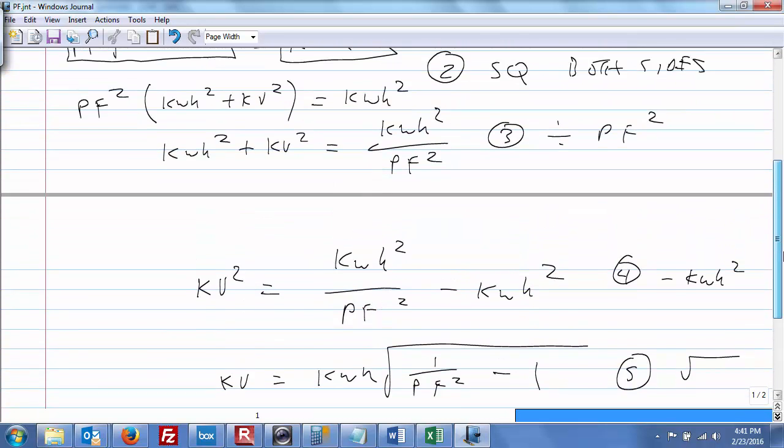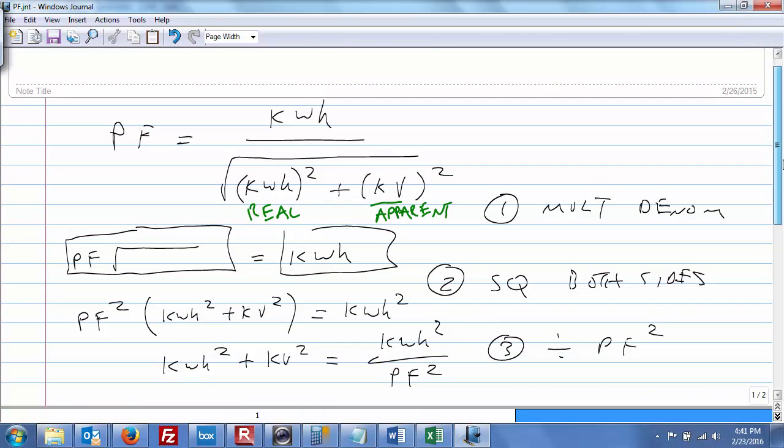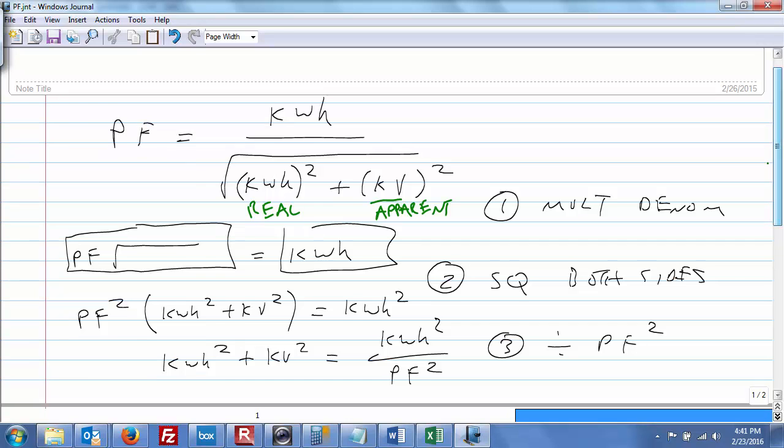And what I'm showing here in this little bit of algebra is that if you have the power factor, you can then get the apparent power algebraically. So if I multiply both sides of the equation by this denominator, I basically get the power factor times that square root equals the real power.